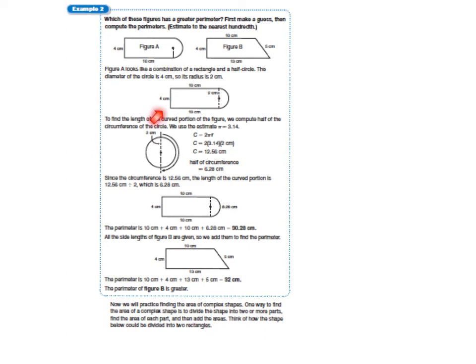So you can see here they've labeled 4 on this side and 2 for the radius over there, although if we use the diameter it would be 4. Now they've used the formula that circumference is 2 pi r, but circumference can also be pi times the diameter. So either way you have 2 times pi times 2 or 4 times pi.